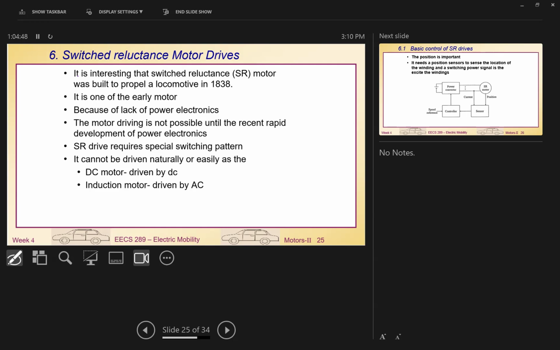So that's why this SR motor was ignored. However, we know the advantage is fault tolerance. So it is really good to apply in the electric vehicle. In an electric vehicle fault tolerance is so important. We cannot allow any fault to happen in an EV. So this motor has that capability.